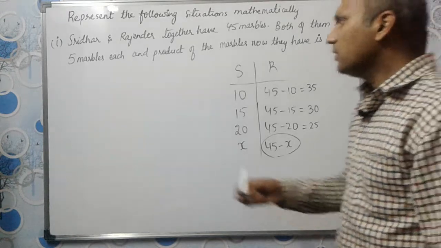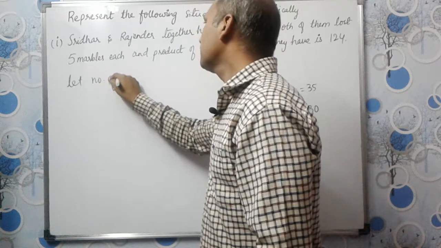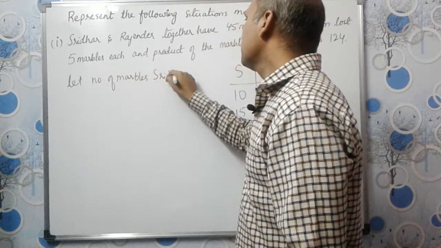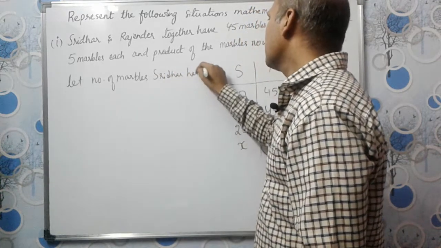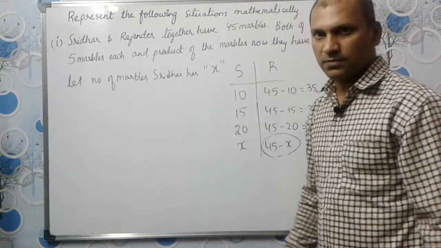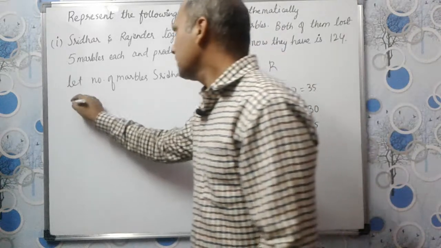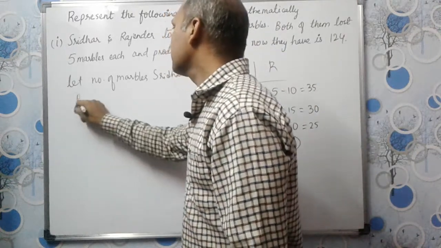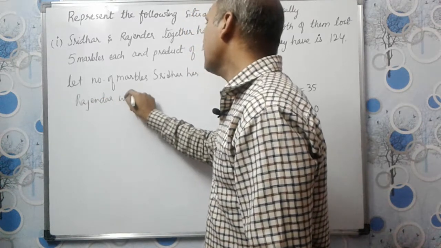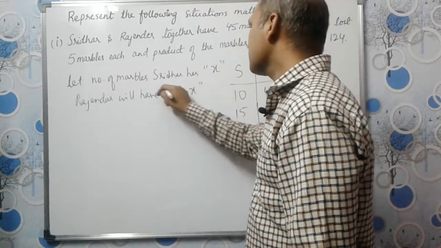Now let the number of marbles Sridhar has be x. How many marbles will Rajendra have? 45 minus x marbles.